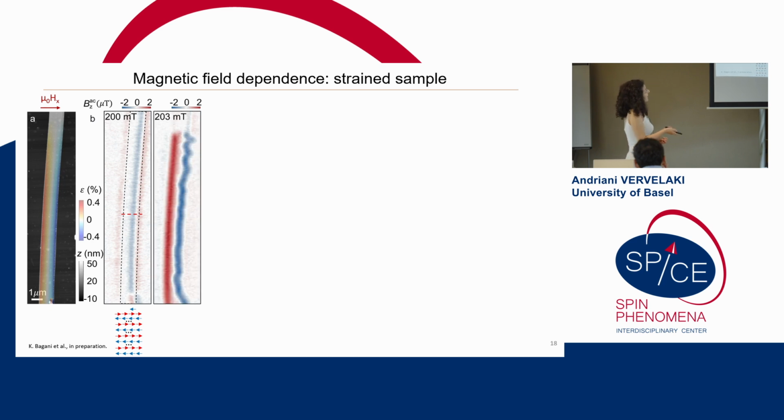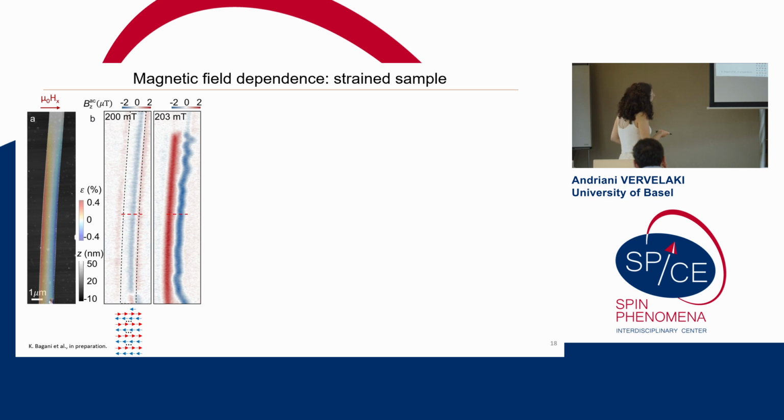By increasing the field a little bit further, we see a magnetic contrast created almost along the full flake. However, there is a small part up here and also a small part on the right edge of the flake that is still not fully flipped.